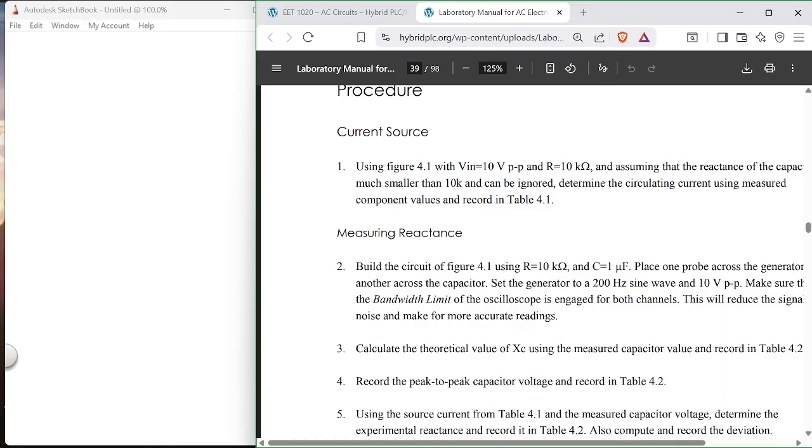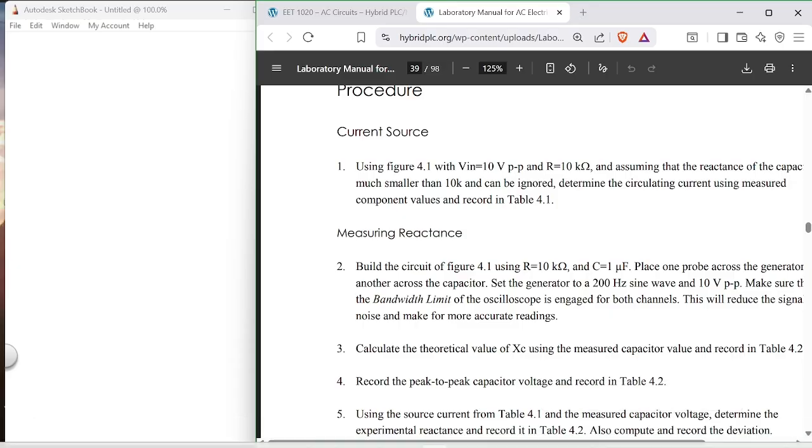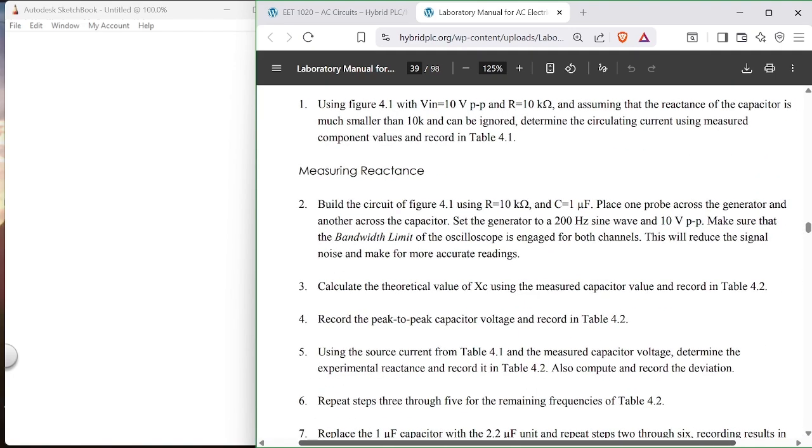So I'll dismiss you at 9 to go to the lab, and then as soon as you get there, I'll show you what I would use for the connections to the voltage generator and the oscilloscope, and those are the things you should use. That's how you should hook the circuit up, okay? But I'll show you that in the lab.